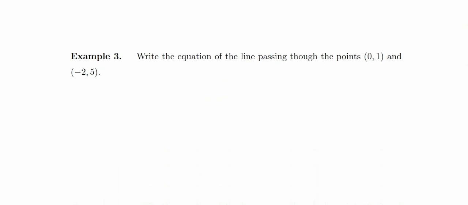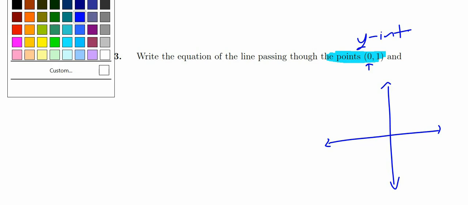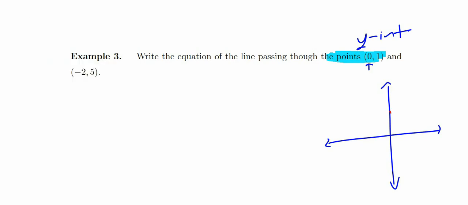Now, write the equation of the line passing through these 2 points. It doesn't explicitly tell us, but this is the y-intercept. The y-intercept is always when x equals 0. When we talk about an intercept for a graph, the y-intercept is where it crosses the y-axis.